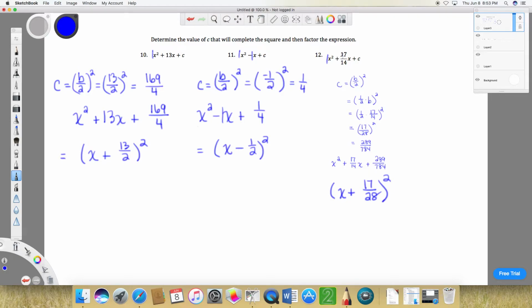If b were positive 8, and you took half of 8, which is 4, and you squared 4 and got 16, you're going to have to be able to take half of odd numbers. Well, I'm making that easy for you. Just leave it as an improper fraction and take half of fractions. Well, when you have a fraction, multiply it by 1/2. Just leave the numerator alone and multiply the denominator by 2 and then square it.